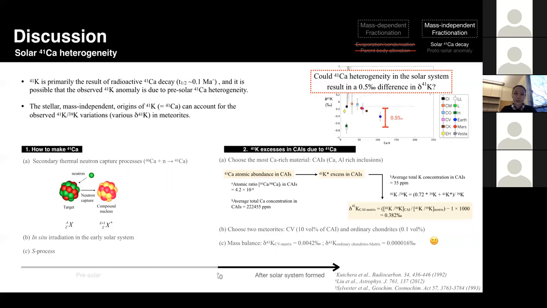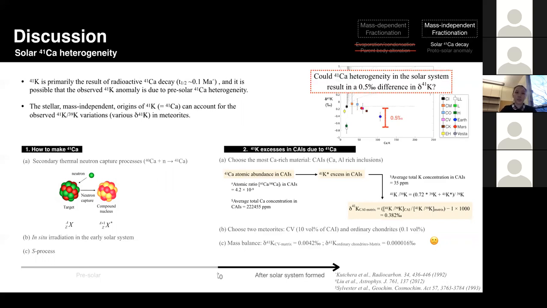The short-lived isotope calcium-41 can be made through secondary thermal neutron capture, in situ irradiation, and the s-process. So here we want to know if the calcium-41 decay, or any calcium-41 in the solar system, could contribute to the potassium isotope variation or not.